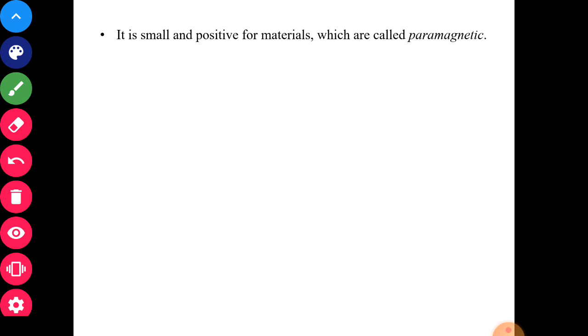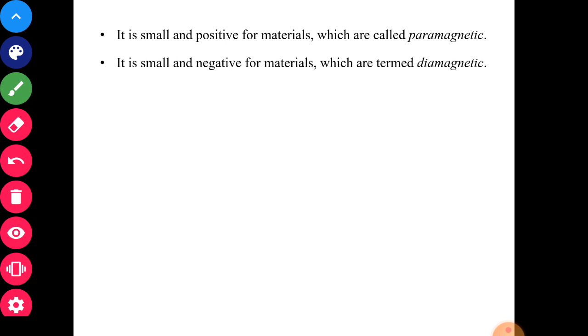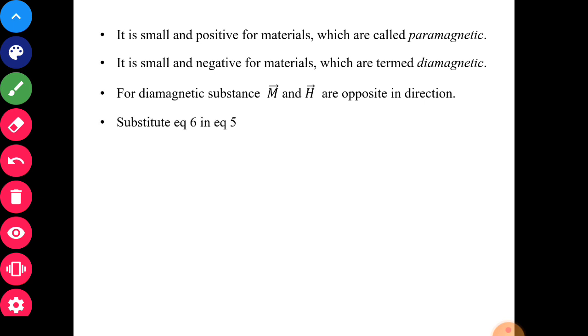It is small and positive for paramagnetic materials. It is small and negative for diamagnetic, and for a diamagnetic substance, M and H are found to be opposite in direction. All these small things you should remember for the MCQs.